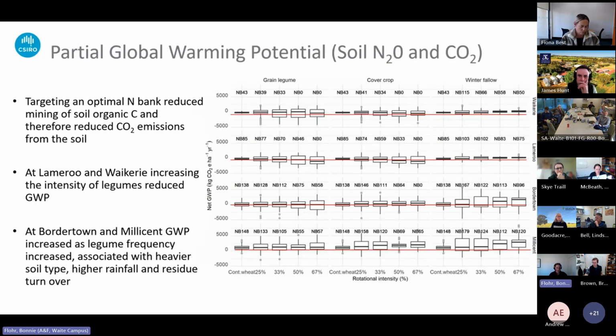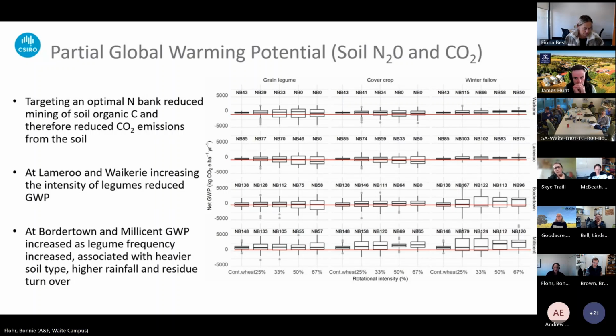So the other environmental trade-off we looked at was calculating global warming potential from the different scenarios. The calculations don't include emissions from fertiliser production and are only soil-based nitrous oxide and carbon dioxide.